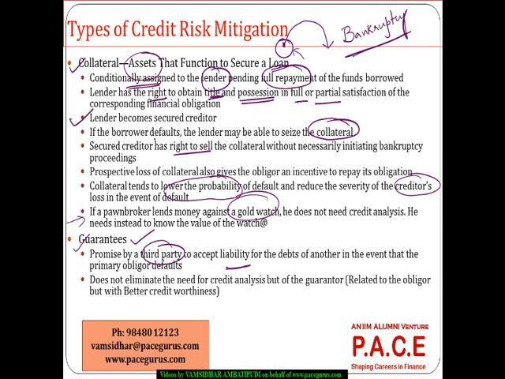So that could be a difference, but still credit analysis has to be performed in case of guarantee. Whereas in case of collateral, if I just know the worth of the collateral, you don't need to really assess the borrower's creditworthiness at all.